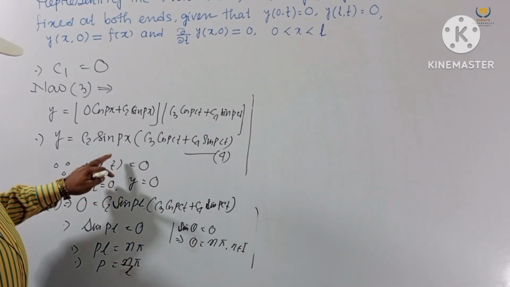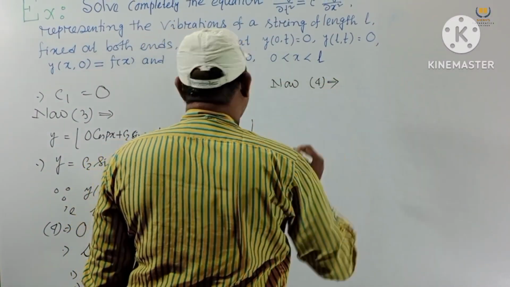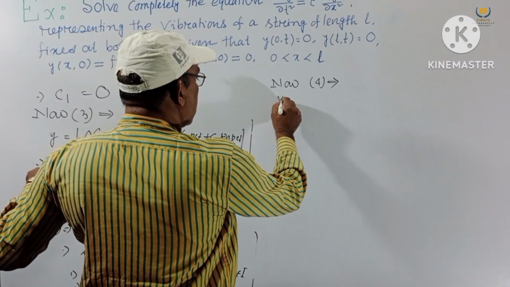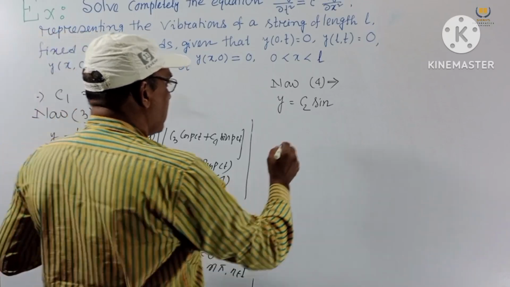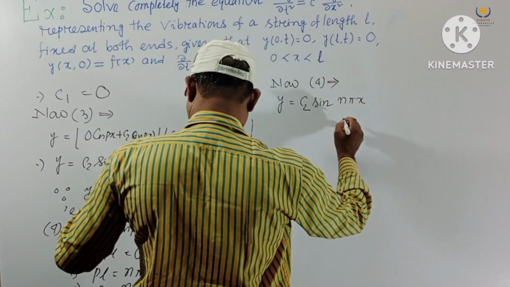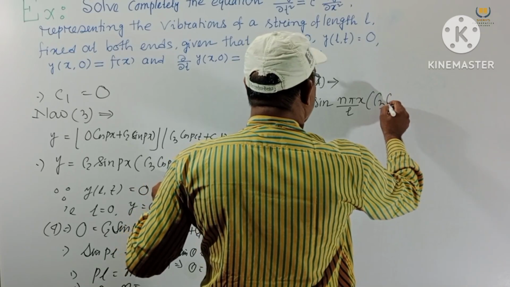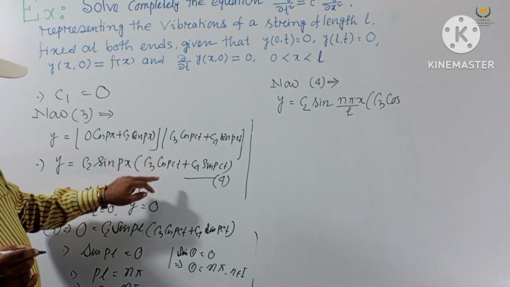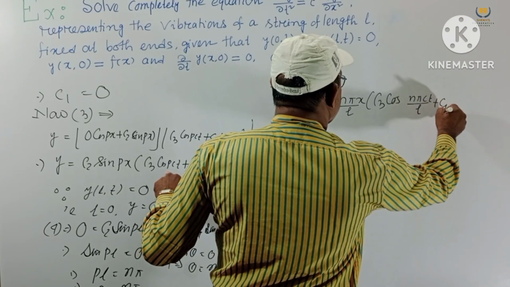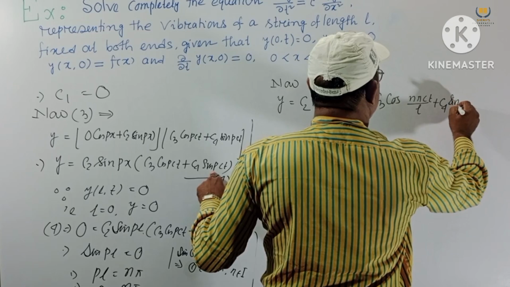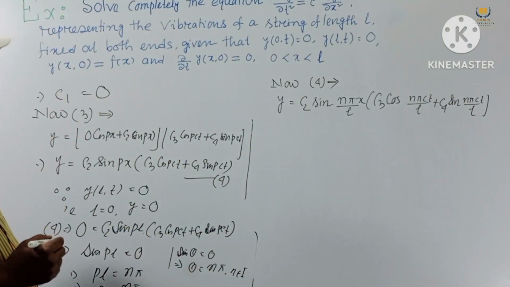Now putting the value of p in equation number 4. Now 4 implies, in 4 we get y equal to c2 sin px, p means n pi x by L, and this is c3 cos pct, p means n pi ct by L, plus c4 sin n pi ct by L. We get this y equal to this one.